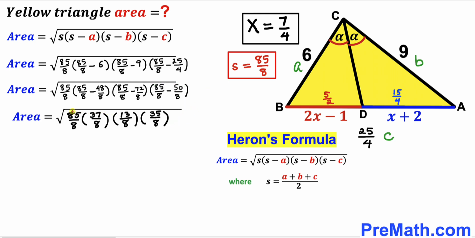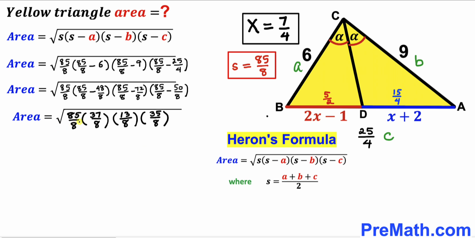Now let's make an observation. At the numerator, 85 could be written as 17 times 5, and likewise the numerator 35 could be written as 5 times 7. And here we can see 5 times 5 is going to give us 25.